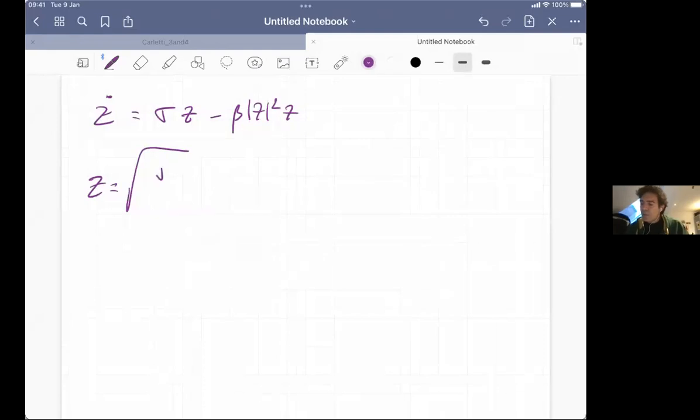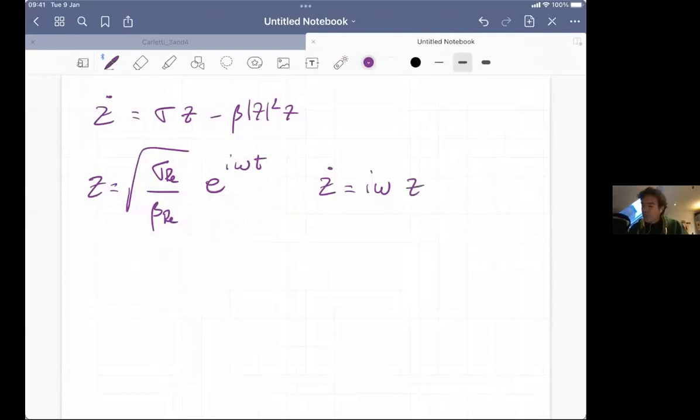I have the square root of the real part of sigma divided by the real part of beta, times e to the i omega t. You put this formula into the equation. Once you differentiate with respect to t, the only thing that depends on time is this exponential. So z dot is just i omega z, because everything else is constant.